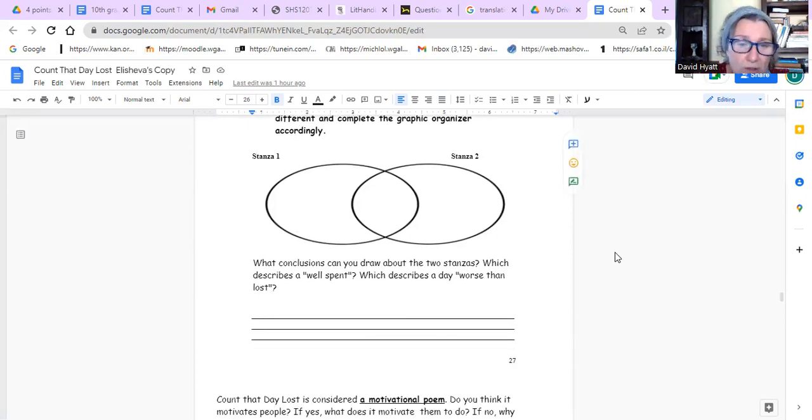Now, what conclusions can you draw about the two stanzas, one of which describes a well-spent day, and one which describes a day worse than lost?